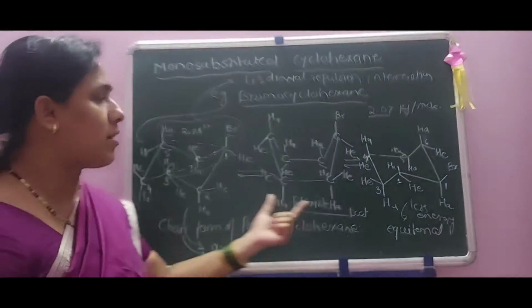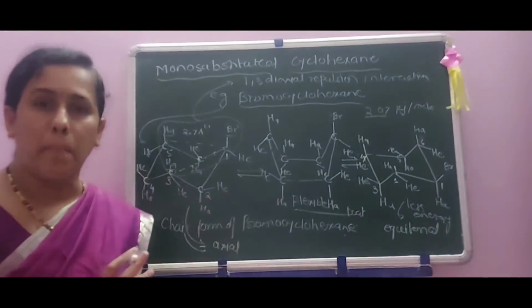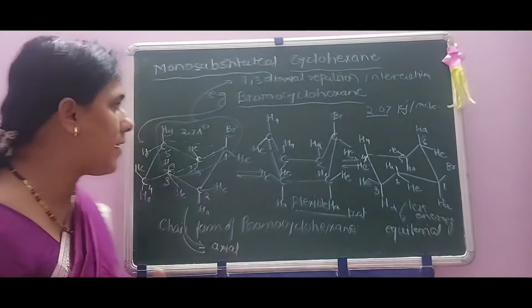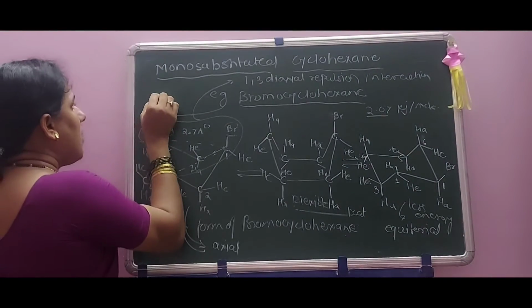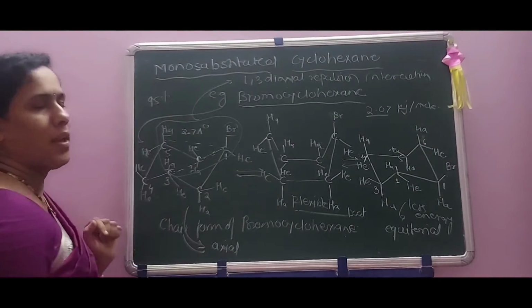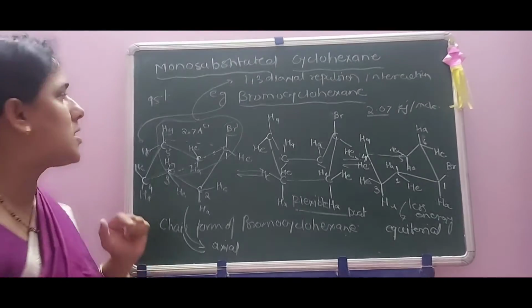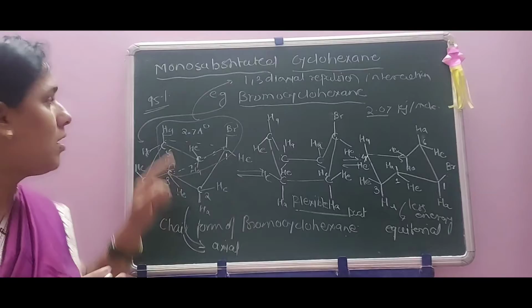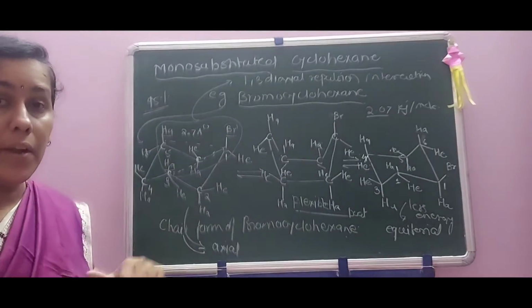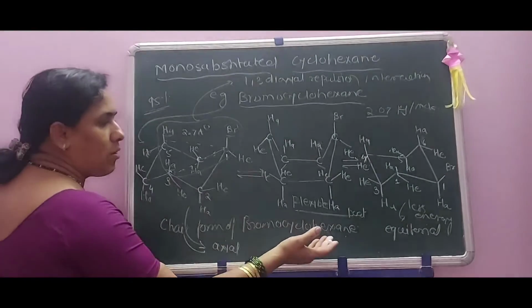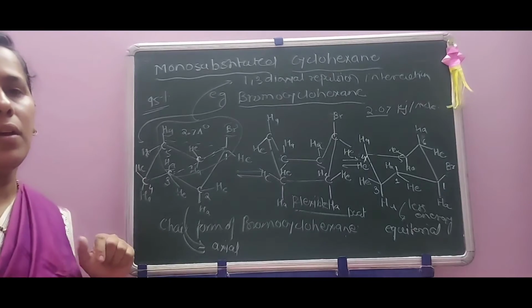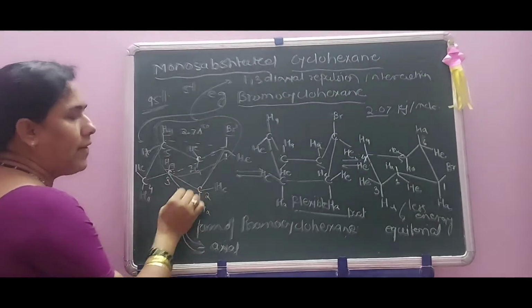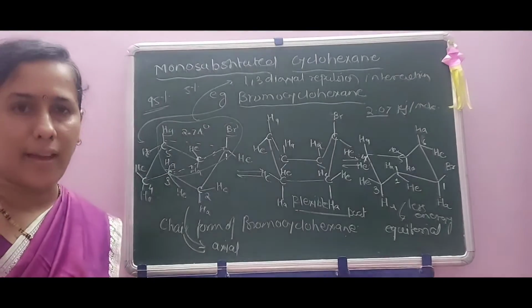Therefore these two conformations cannot be separated from each other, and experimental results show that about 95% of bromocyclohexane exists in the equatorial position, with only 5% in the axial form.